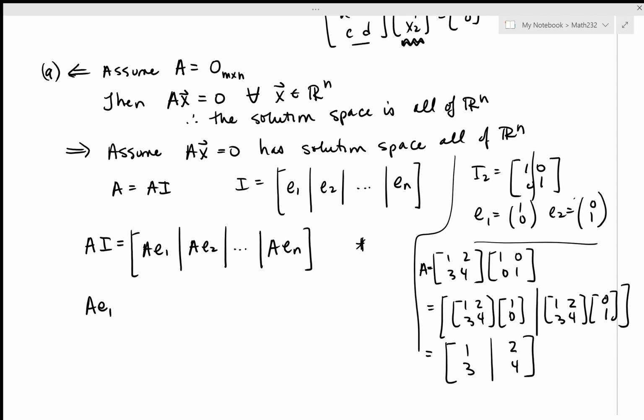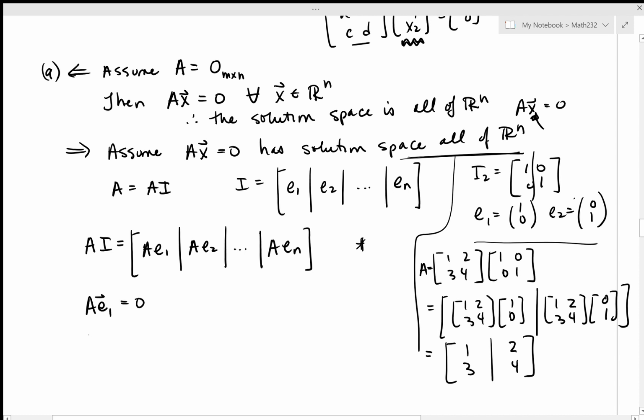That means that Ax equals 0 no matter what x I put here. So now I've got A times E1, and E1 is a vector in Rn, so this means that A times E1 is equal to 0.